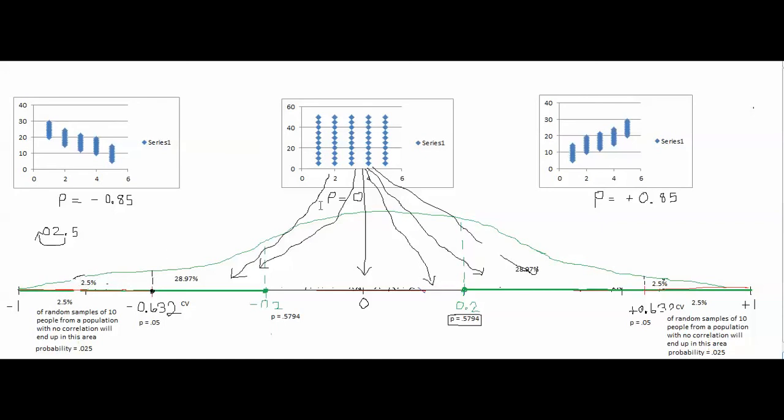In order for the sample to end up in this area, it would mean that you would have to take a sample from this. It would mean that a sample coming from this type of population, by chance, ended up with a strong negative correlation like this.